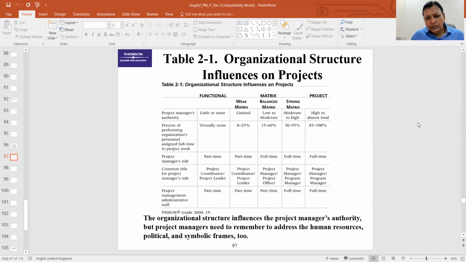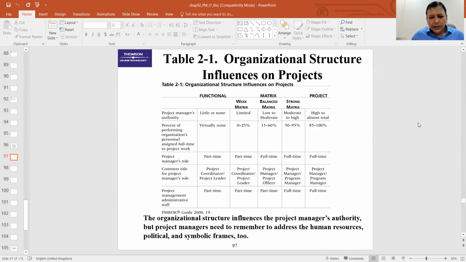The project manager's role is part-time in functional, full-time in matrix-based, and full-time in project-based. The common titles for the project manager's role: in functional, we call them project coordinator or leader; in matrix, project coordinator, project leader, officer, or program manager; and in project-based, project manager or program manager.